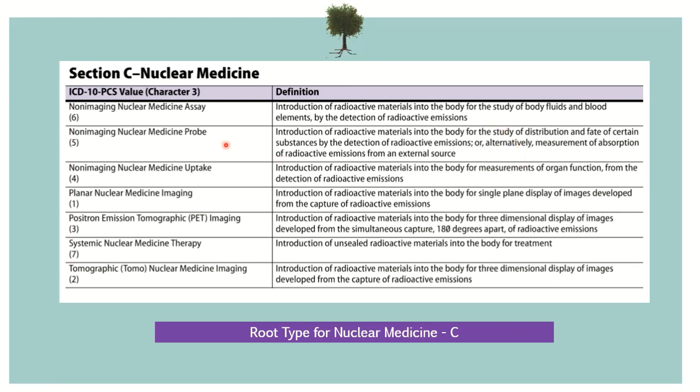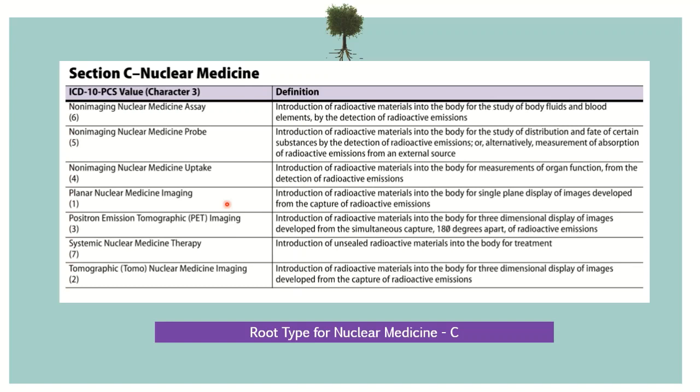Then you've got nuclear medicine probe, non-imaging, which is introduction of radioactive materials into the body for the study of distribution and fate of certain substances by the detection of radioactive emissions, or alternatively, measurement of absorption of radioactive emissions from an external source. And then you have non-imaging nuclear medicine uptake. This is introduction of radioactive materials into the body for measurements, keyword, of organ function from the detection of radioactive emissions.